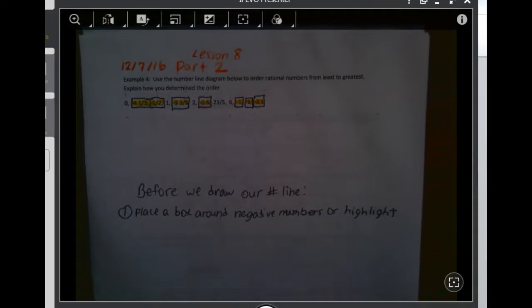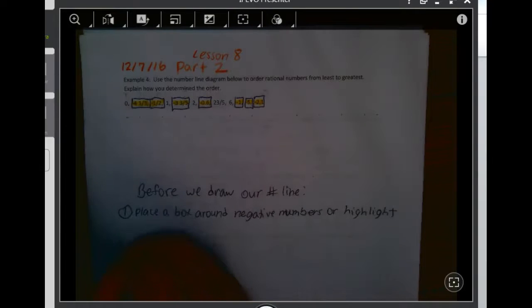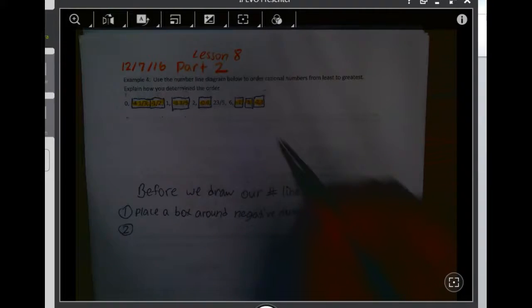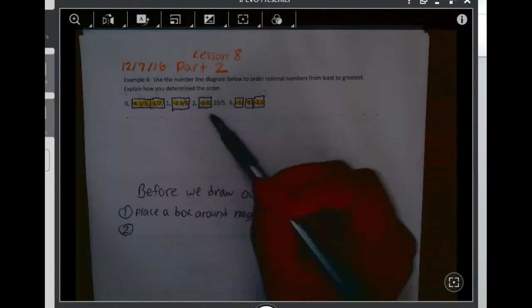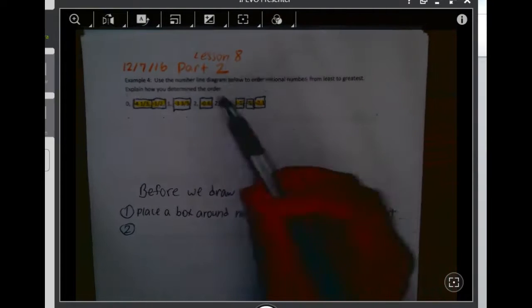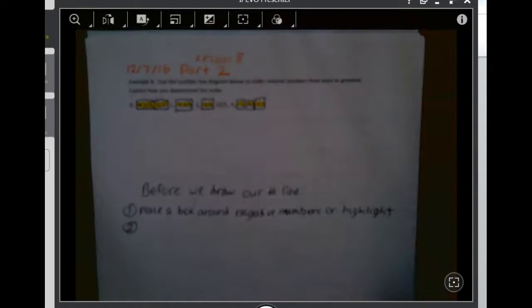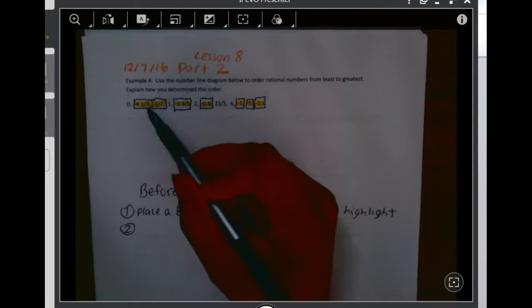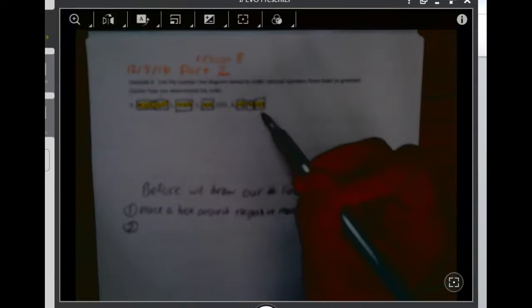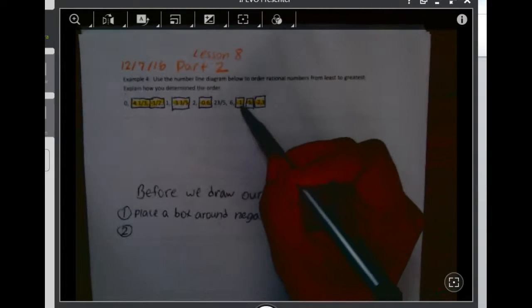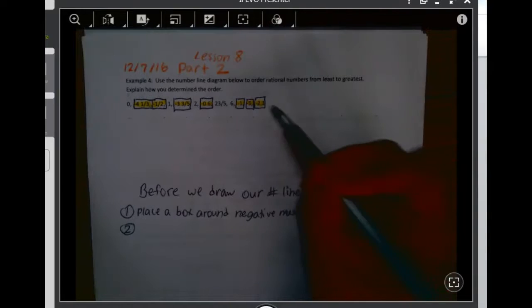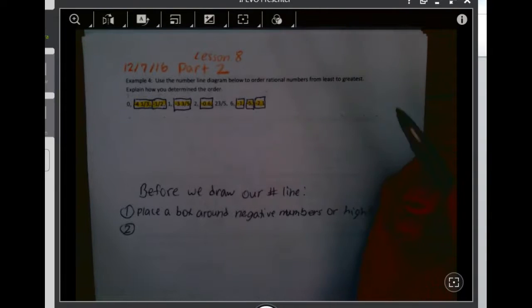Alright. So the next thing I want to do before I place my numbers on the number line is I would like to rewrite any numbers that are not in the same form as the majority. For example, in this case, I'm looking at our negative numbers and I see we have 1, 2, 3 fractions, 1 integer, and a decimal.